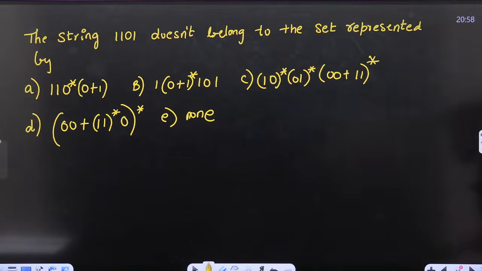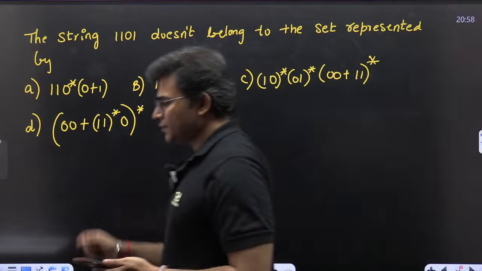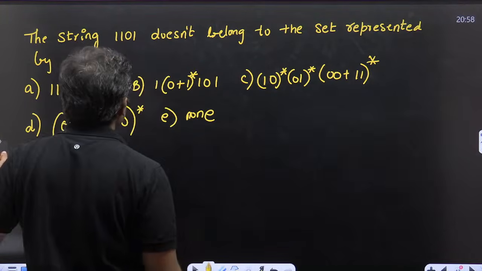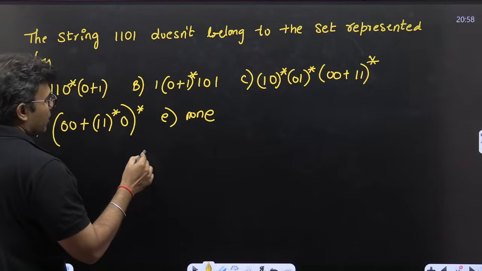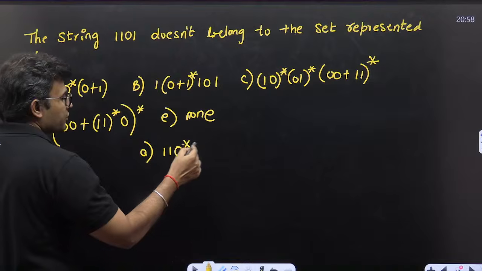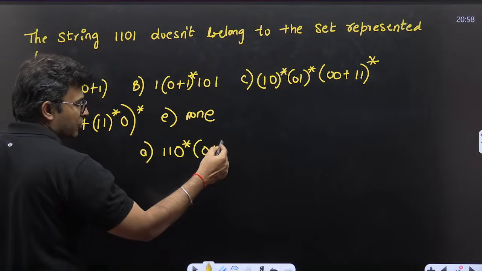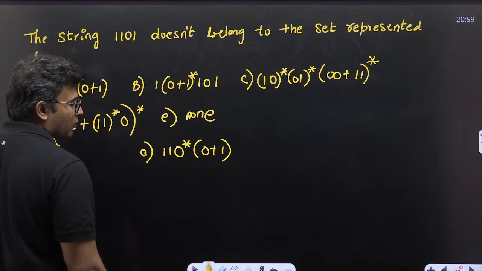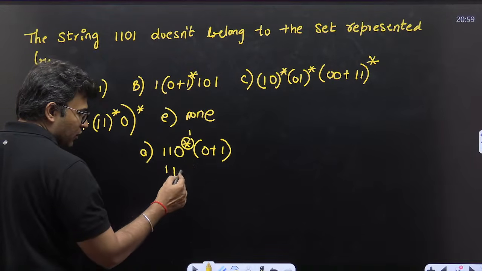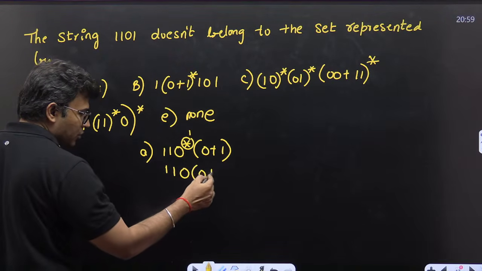Very good. So see this, guys. See, what we want is 1101, right? Now let's take each option and evaluate. 110 star 0 plus 1, right? I want 1101. So what I will do is I'll put a 1 here. Then I will get 110 followed by 0 plus 1.